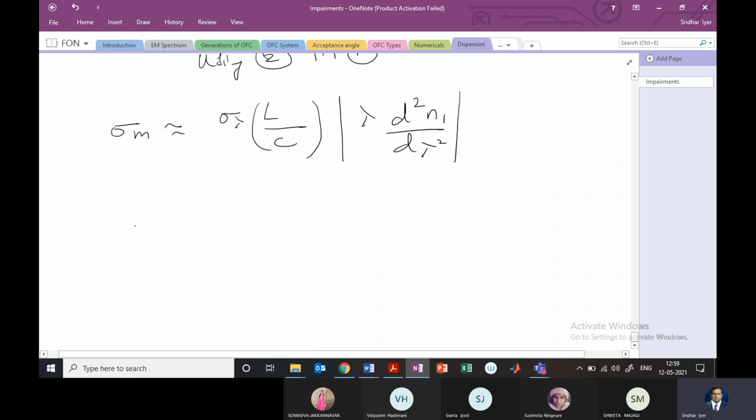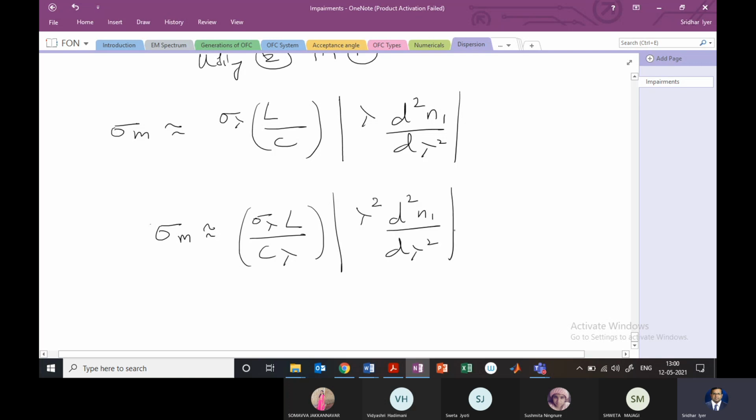So I'll rewrite this equation in a standard form. Sigma m will be approximately sigma lambda L divided by C lambda. I'll introduce one lambda, therefore I'll multiply one lambda in the numerator. So I'll get lambda square d square n1 by d lambda square.